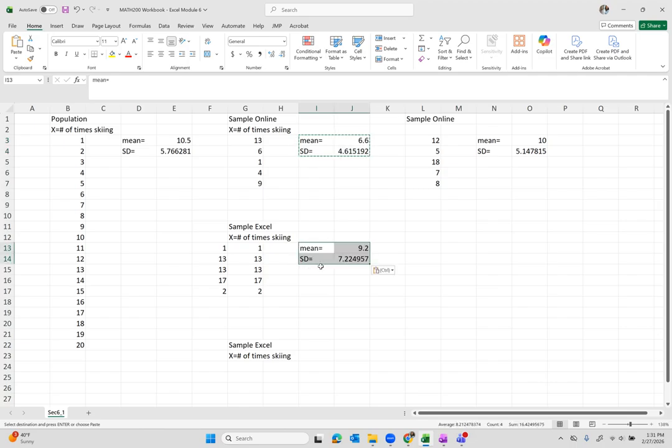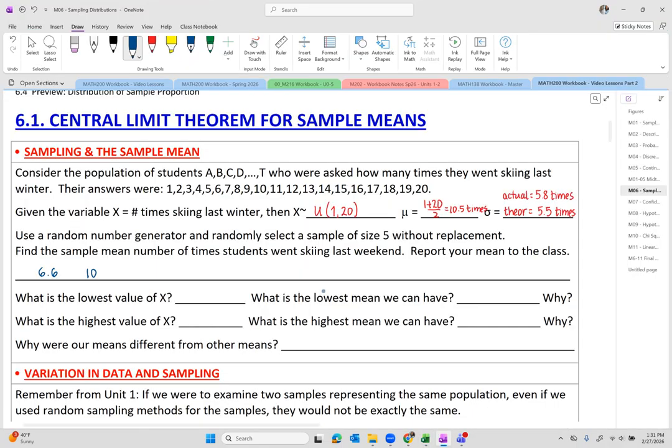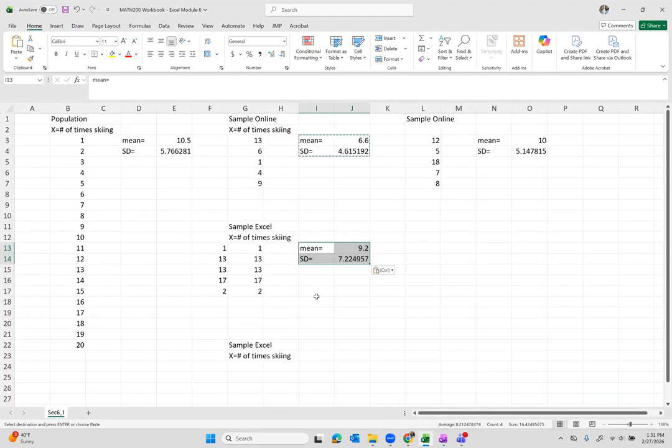Hopefully the next time we will run it, it won't do that. The mean this time was 9.2. In my class, in person, we would just have students pair up and generate really quickly about 10 means or so. Let's do it one more time.